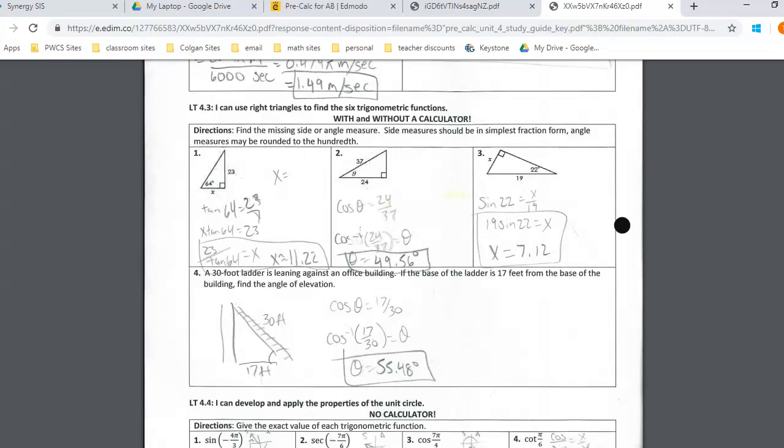So anytime you're not given an angle, you're still going to do the same process. You're still thinking SOHCAHTOA in your head. But you're now looking for this angle. So this is actually on the Unit 4 study guide. I think there's one on the quarter test study guide that on Edmodo I told you to change it to this.